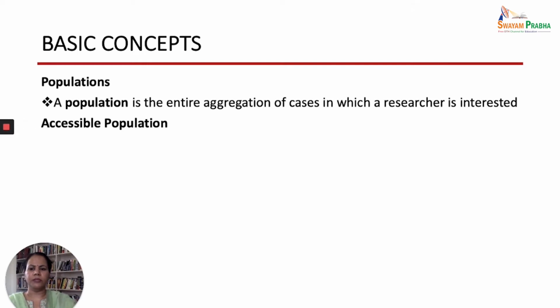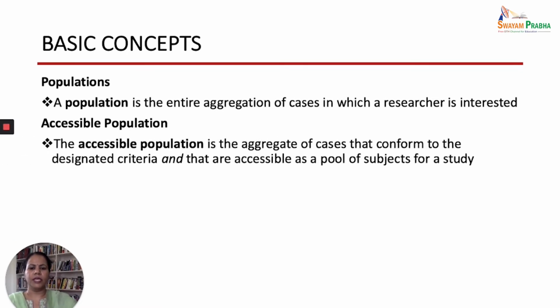Another important concept is accessible population. So what is accessible population? It is the aggregate of cases that conform to the designated criteria and that are accessible as a pool of subjects for a study. So accessible means one thing is that the subjects which will be accessible to you, and second thing is that whatever eligibility criteria you have decided for your study, they should be conforming to those particular criteria.